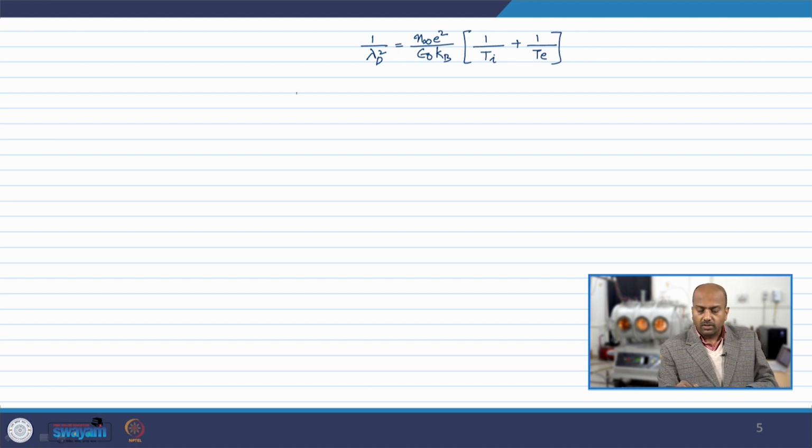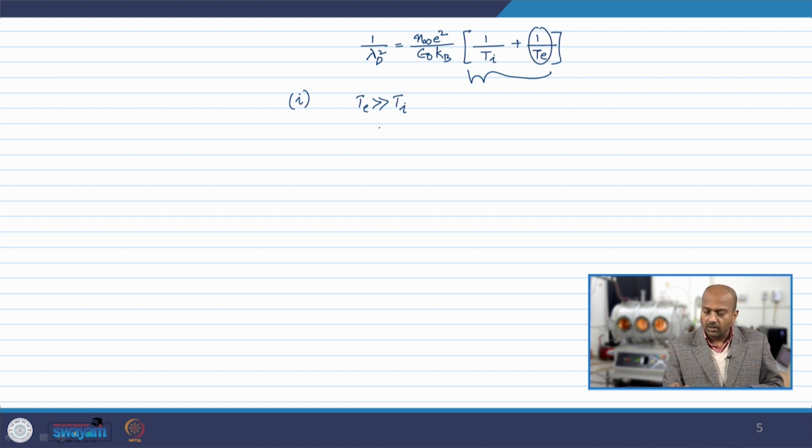Let us take a situation in which the electron temperature is very large in comparison to the ion temperature. So, without actually doing this summation, we can straightforward say that if the electron temperature is very large, this term becomes very small.